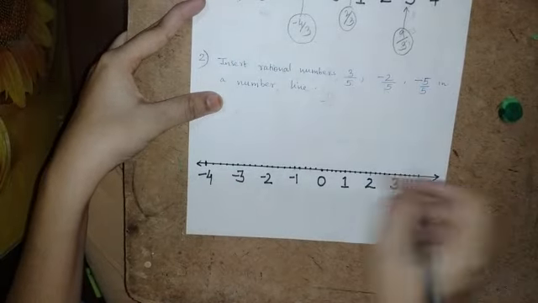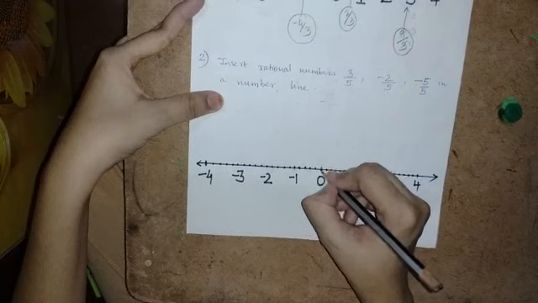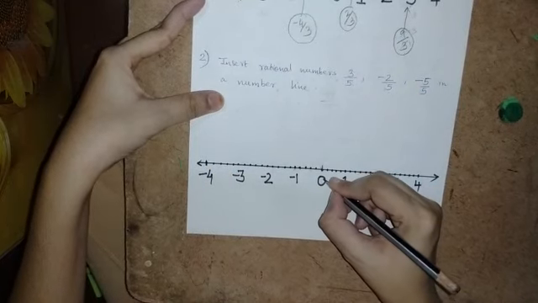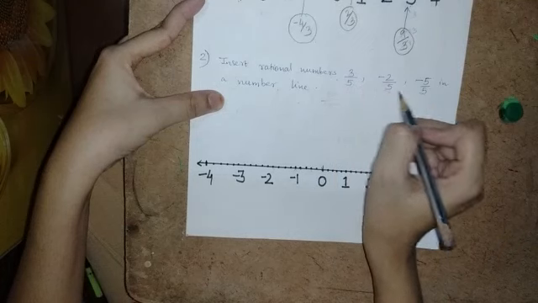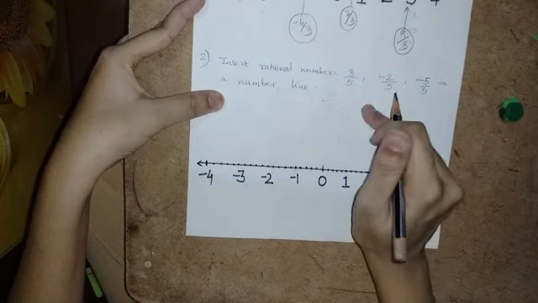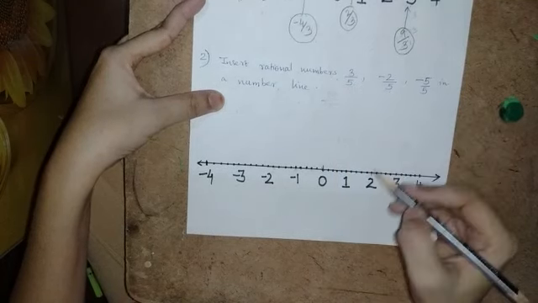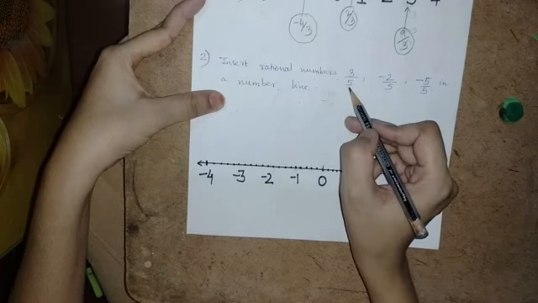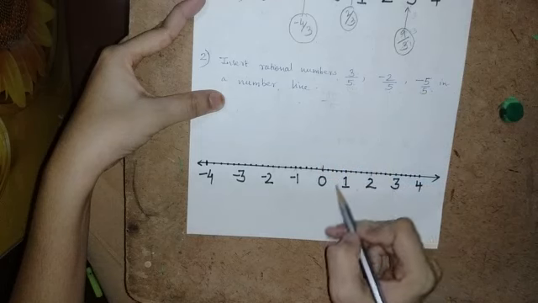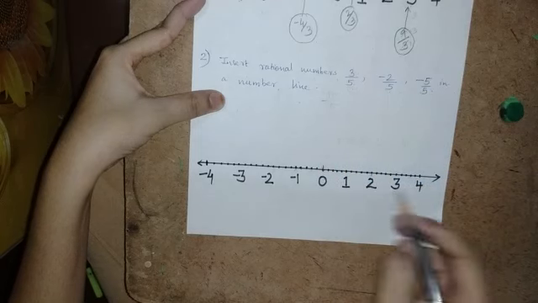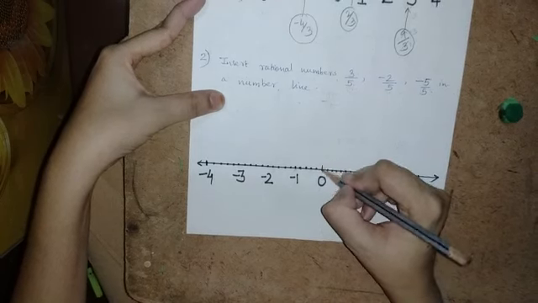First we have to draw a line with the center as 0. Then you have to see the denominator. The denominator is what? 5. So after 5 dots our main integer 1 will come. Similarly, if there is 6 at the denominator, then after 6 dots our main integer 1, 2, 3 will come, like that. Okay, so first what will we do?